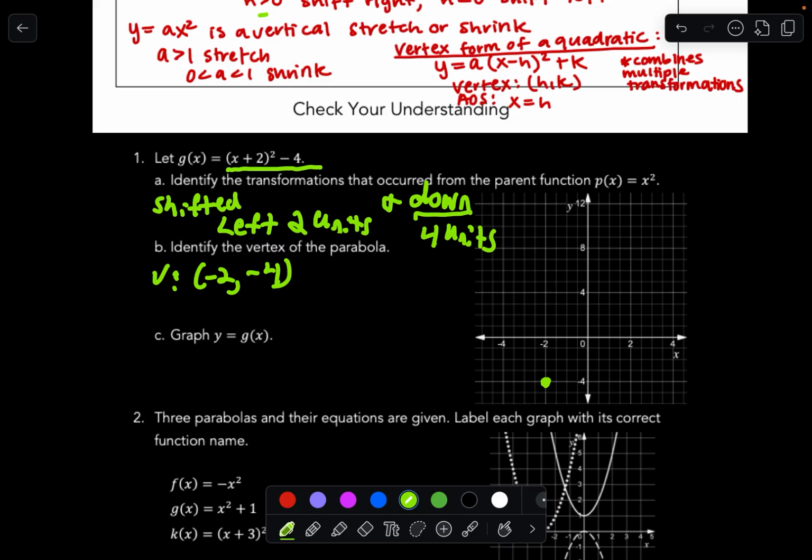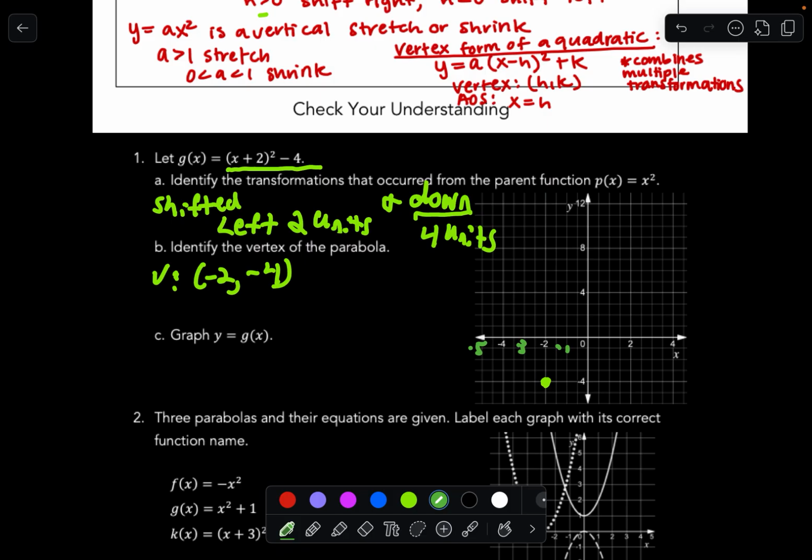Okay, and then they say graph. So, watch this. You go over 1 from the vertex. Let's see, that goes by 2, so 1's here. Let me label this so that we don't get confused. That's 1, or -1, I should say. That's -3, -4, and -5 over there.